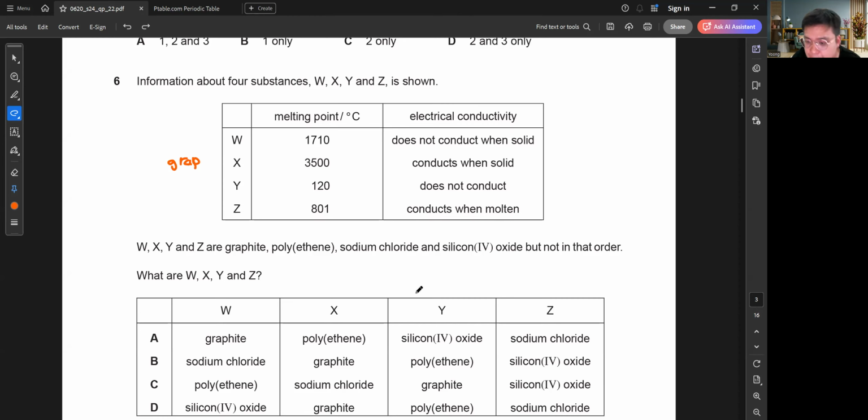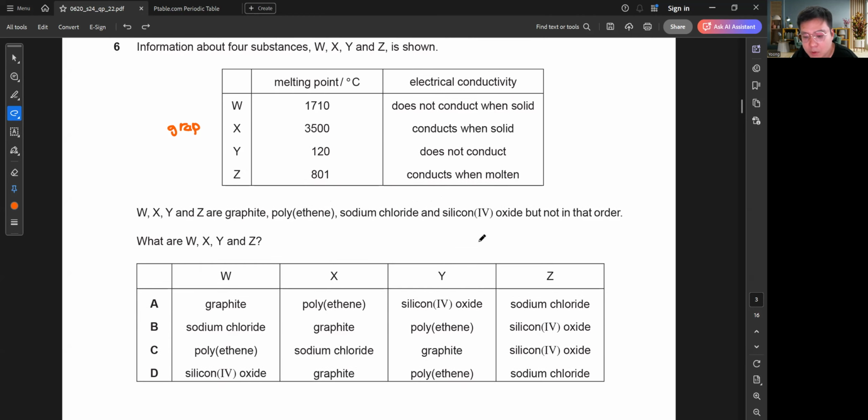Sodium chloride, yeah, sodium chloride conducts electricity. It's basically a salt, so it should conduct electricity when molten, because it must be in liquid form, then only the negative ions can flow freely.